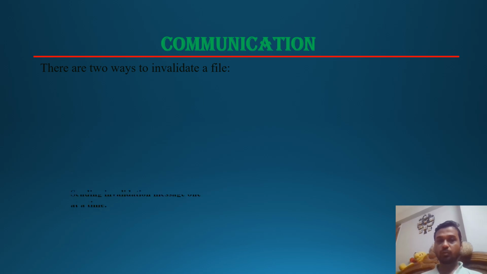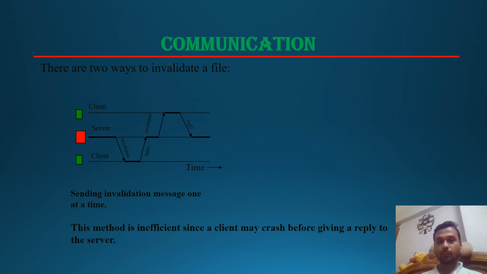There are two ways to invalidate a file. This image shows sending invalidation messages one at a time. This method is insufficient as a client may crash before giving a reply to the server. Now you can see a better approach on the right side of the image, sending invalidation messages in parallel.